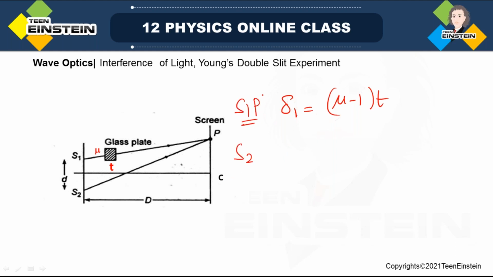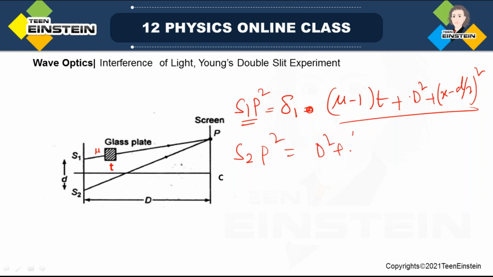Now this is S1P square, this much, plus whatever we had, d square plus (x minus d by 2) whole square. Along with that, this also will be added. This was already d square plus (x plus d by 2) whole square.